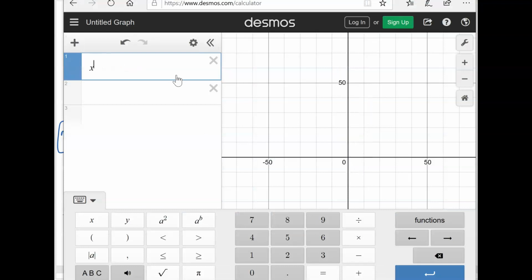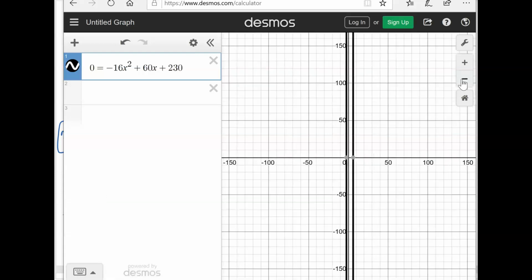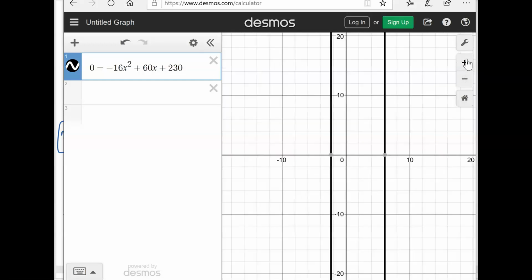One way is just to plug it in. So I'm going to just type in 0 equals negative 16. In this case I'm going to use x just because that's the input variable that the system uses. It'll give you the exact same graph as putting a t there. And so we can see, I'm just going to zoom in here.